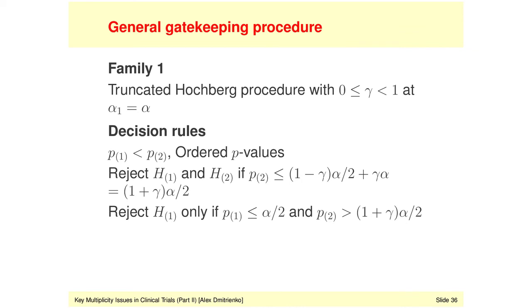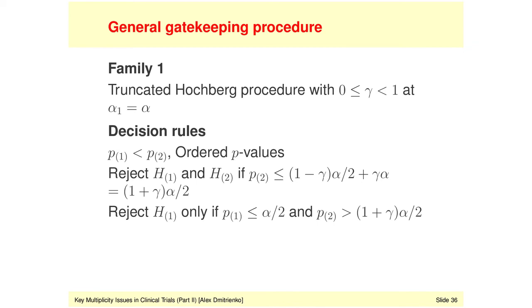So back to family 1, where we said that we're going to apply the truncated Hogberg procedure with a predefined truncation parameter defined by gamma. In this case, the hypothesis will be tested at the full level alpha, which means that the local level denoted by alpha 1 will be set to alpha.